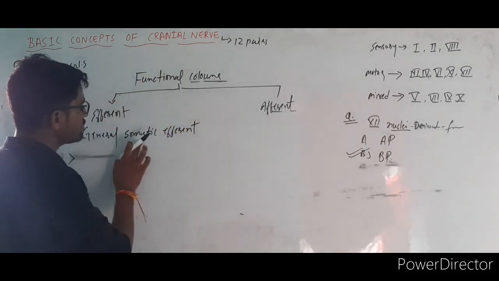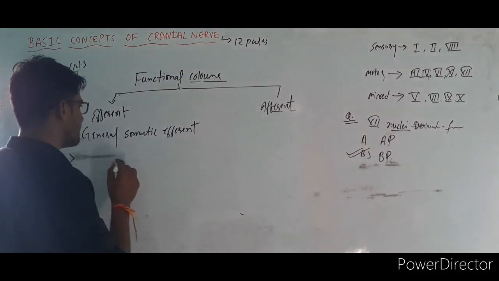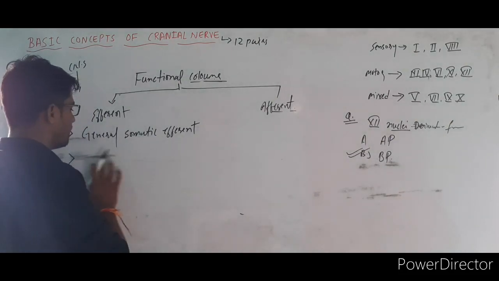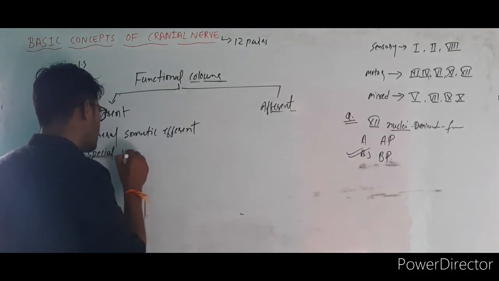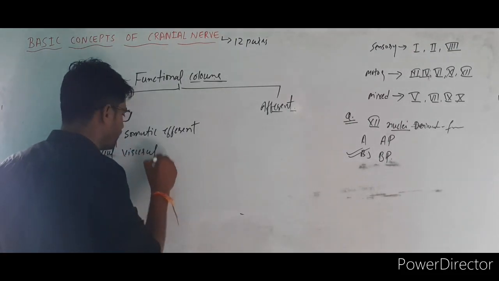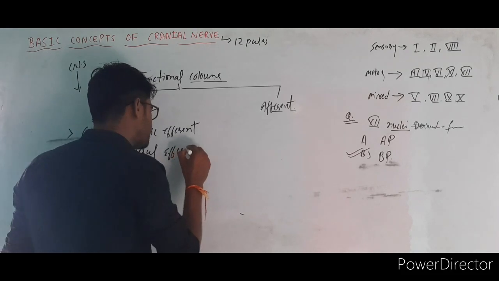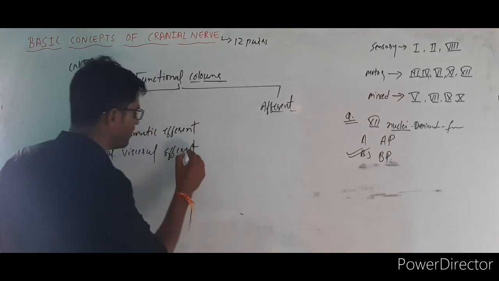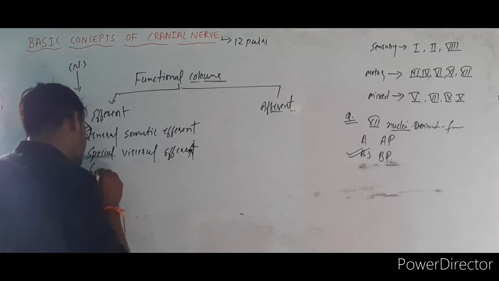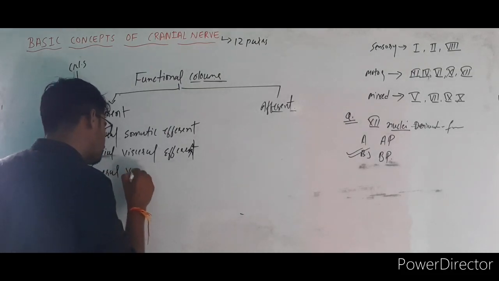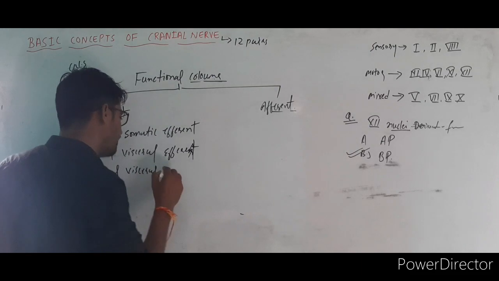The first is the general somatic efferent. Second is the special visceral efferent. Third is the general visceral efferent.